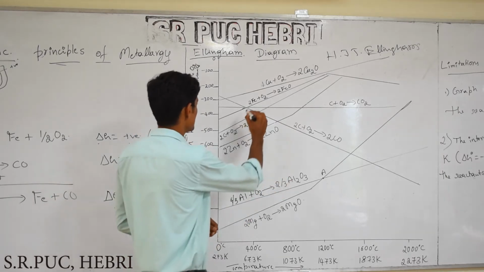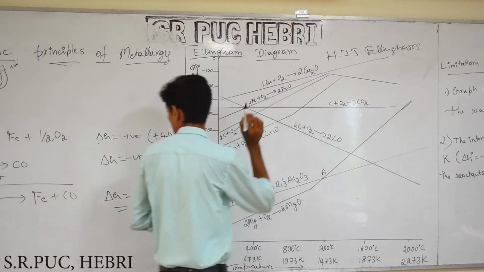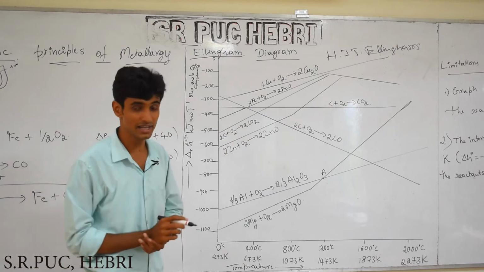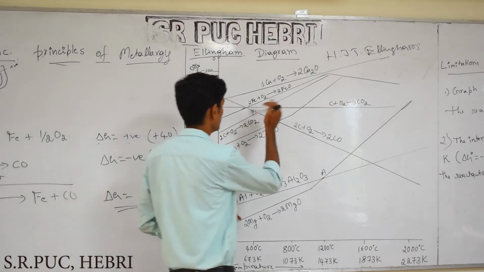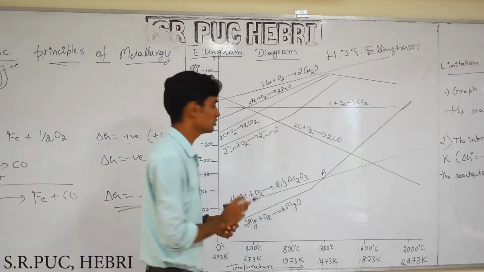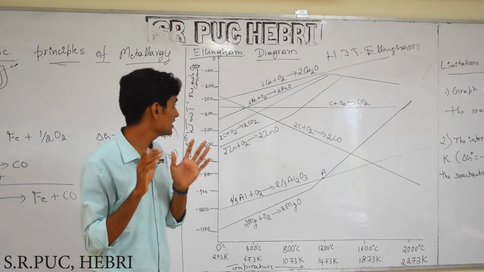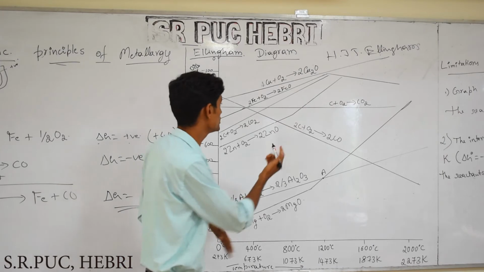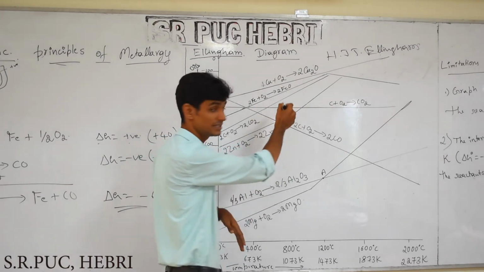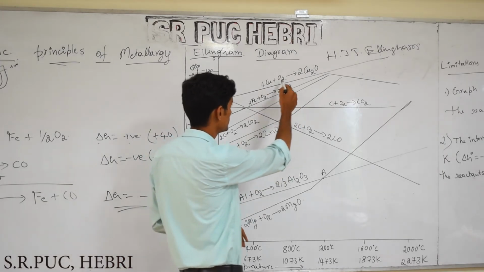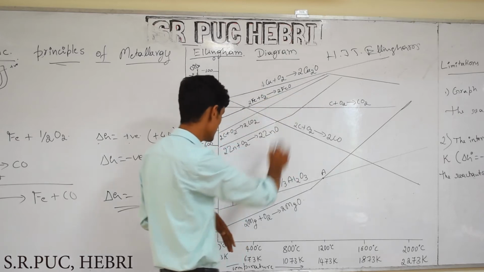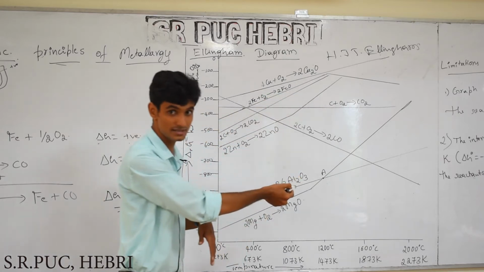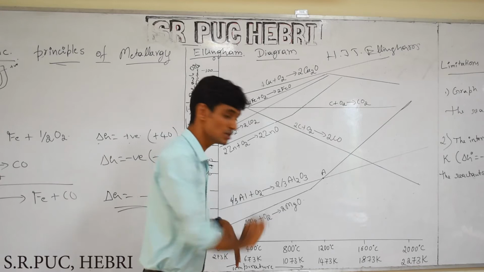I will consider the same example of iron here. As I told you, this is not the reaction of reduction, it is oxidation. All the metals are oxidizing here. Copper is oxidized, iron is oxidized, or aluminum is oxidized. In every case it is oxidized.